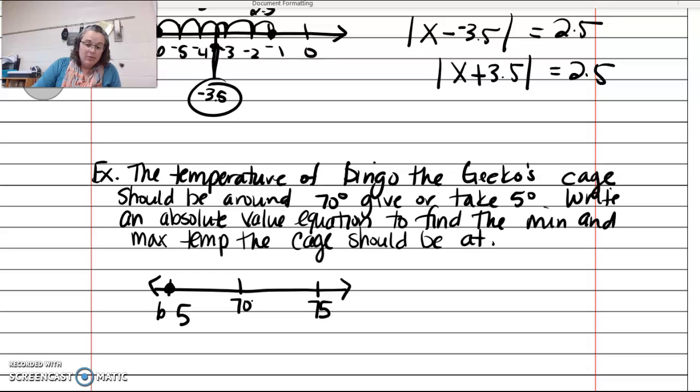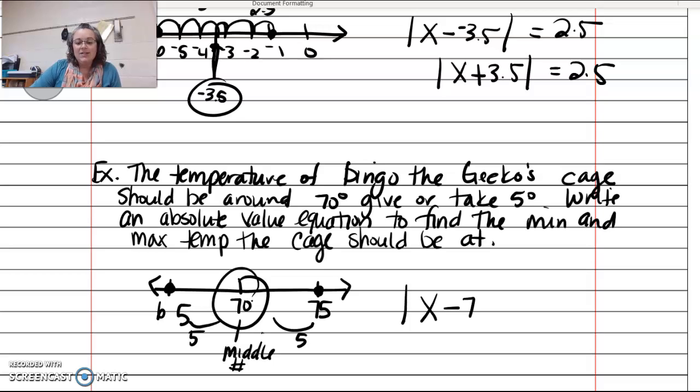These are the minimum and maximum values that this cage could be at. And so when I'm asked to write an equation, again, I'm looking for that middle number. Well, my middle number is 70, and then we have a distance of 5 and a distance of 5. So the absolute value of x minus 70 has to be 5.